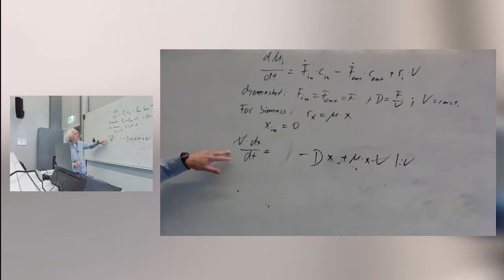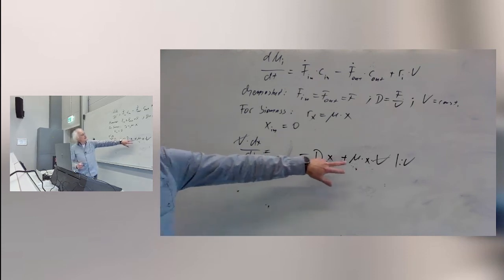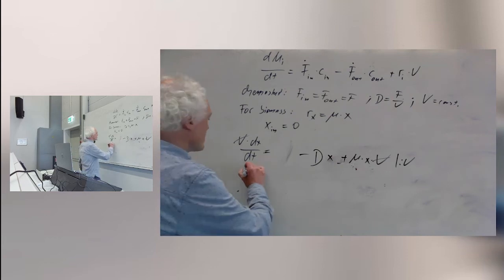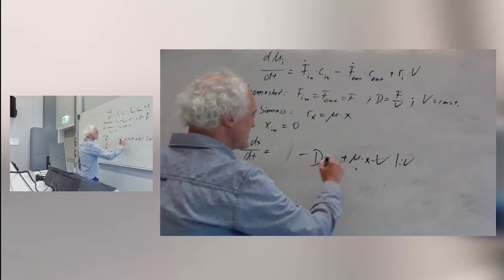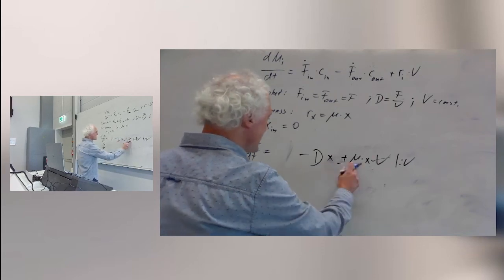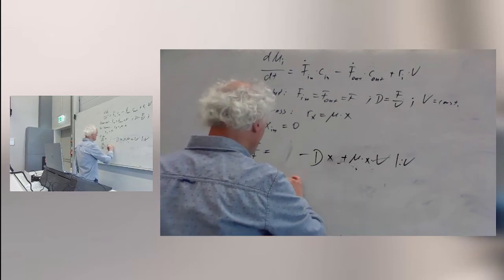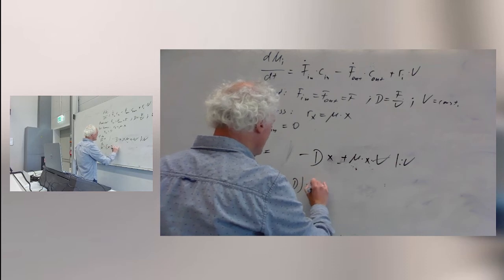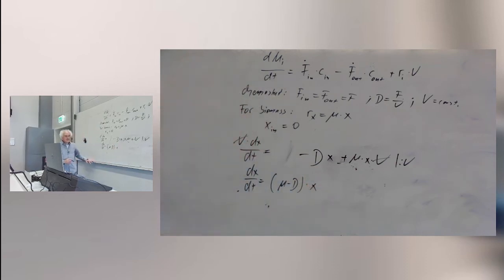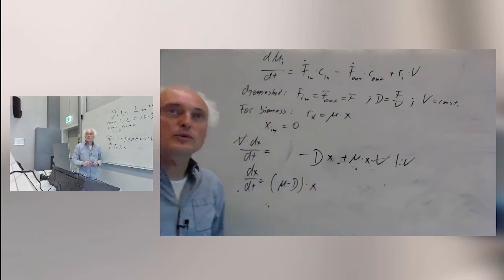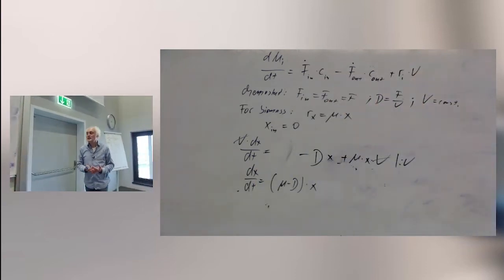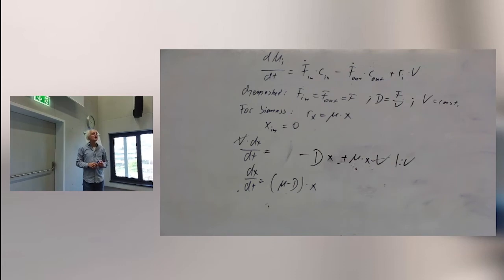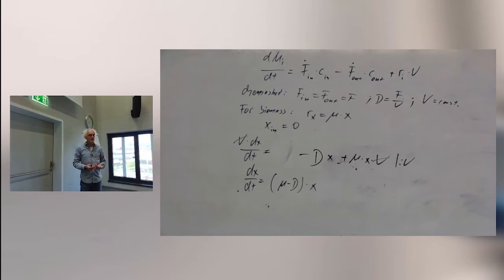So we have dX/dt is minus D times X plus mu times X. And then, so that it looks more beautiful, I take out this X, and then I have mu minus D times X. So this simple equation gives the change of my biomass concentration in a chemostat.